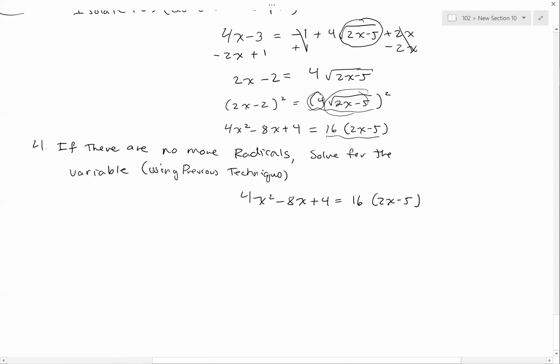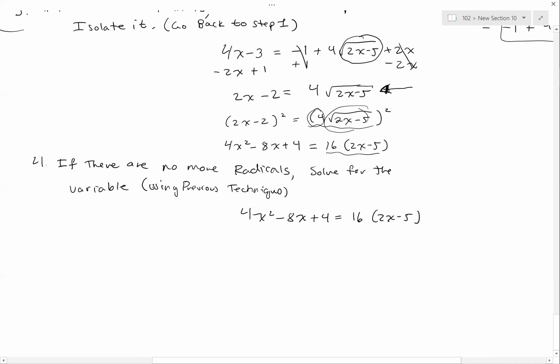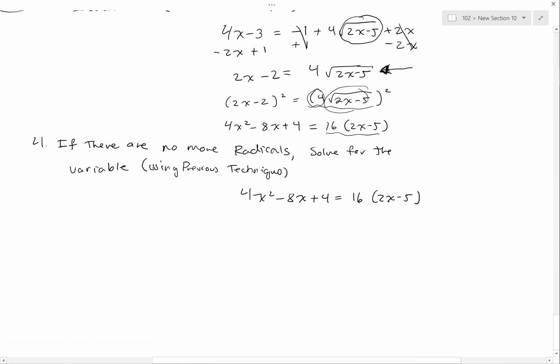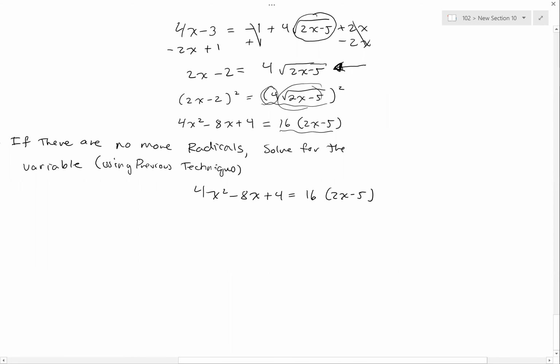Let me just remark again that in the step that I'm about to draw an arrow to right now, if I had divided both sides by 2 at this point, this equation would look a lot simpler than it does. The only difference is the numbers are a bit larger than they have to be. So to solve this equation, I'm going to distribute that 16 in.